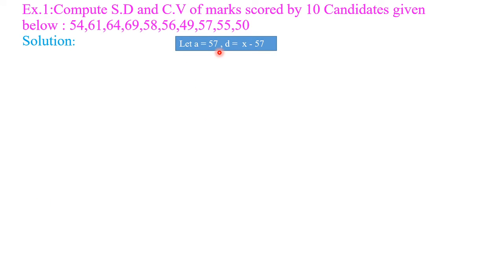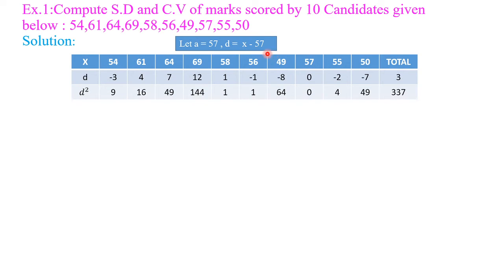Let A is equal to 57 and D is equal to x minus 57. In this observation we have to find the assumed mean, known as A, and A is equal to 57.